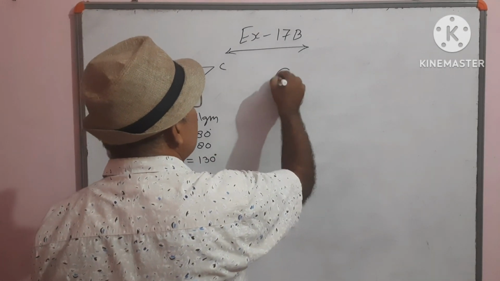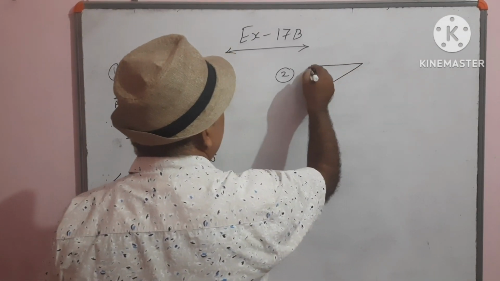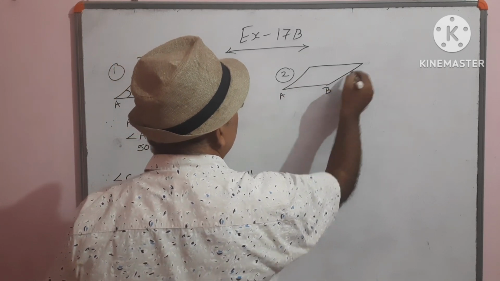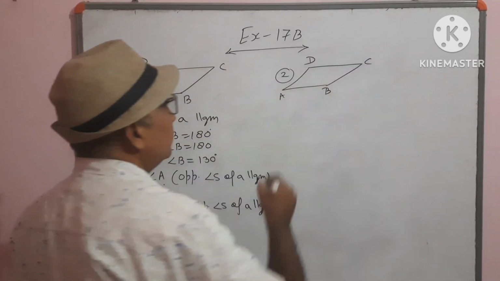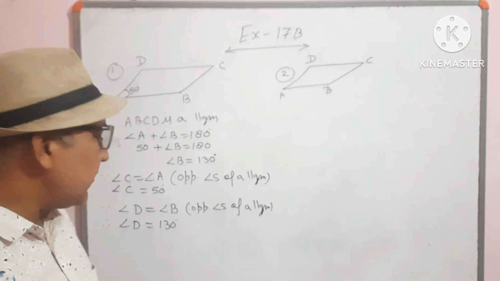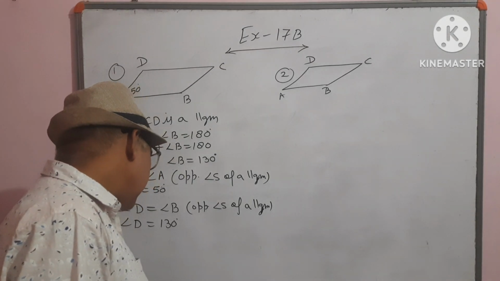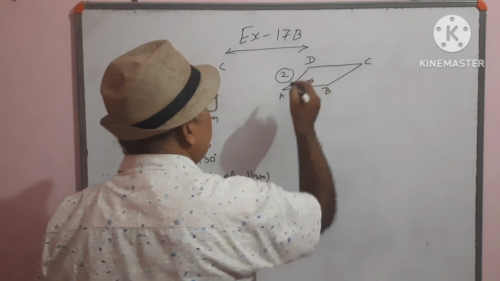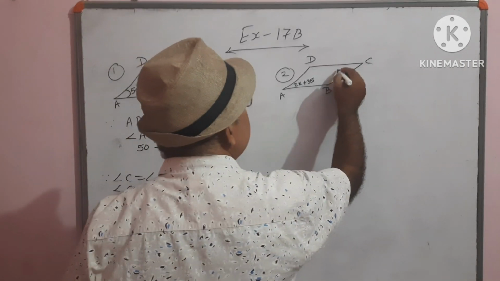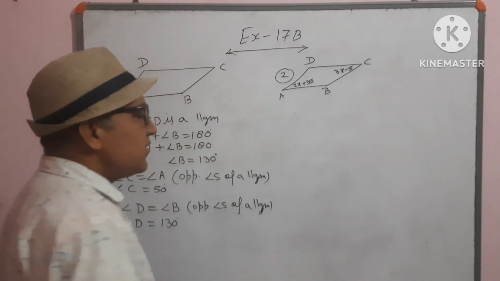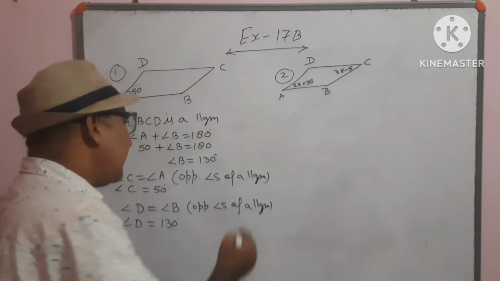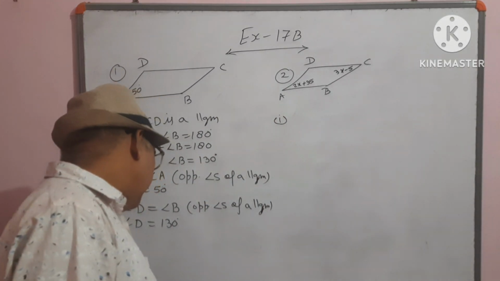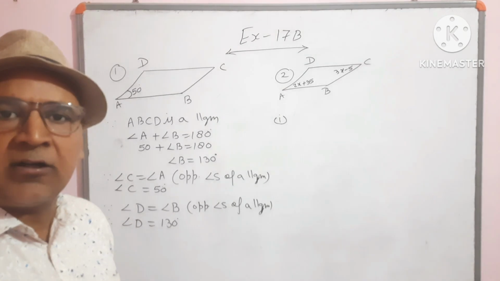In the second question also one parallelogram has been given here. ABCD is a parallelogram where angle A is 2x plus 35 degrees and angle C is 3x minus 5 degrees. Then in the first part we have to find the value of x, and in the second part we have to find each angle of the parallelogram.